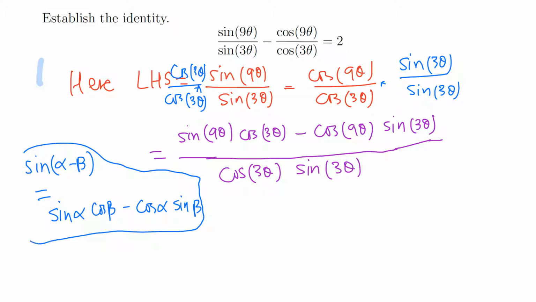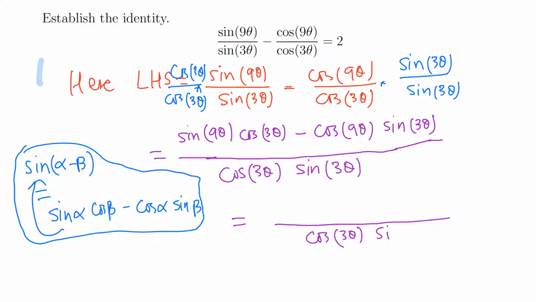This is the formula: sine of alpha minus beta is sine alpha cosine beta minus cosine alpha sine beta. So backward we can condense these two terms and get sine of alpha minus beta. That will be the case here as well.